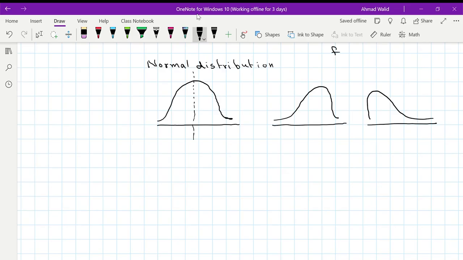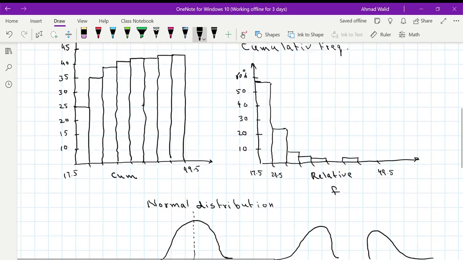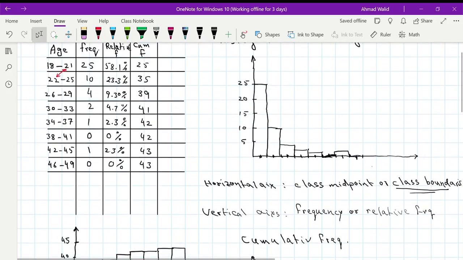But for time being, at least know that a normal distribution is always a bell shape. If you look here, your histogram, if you want to draw that curve here, you see your graph goes like this. Later you will learn how to graph this. Your graph goes like this to the left. It's skewed to the right. Correct? It's not a normal distribution.